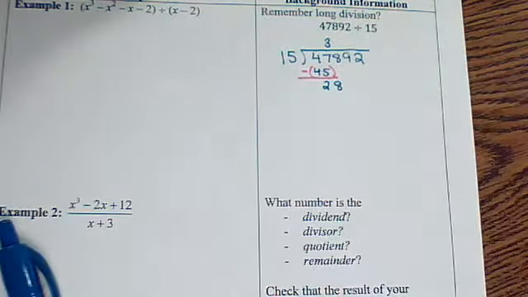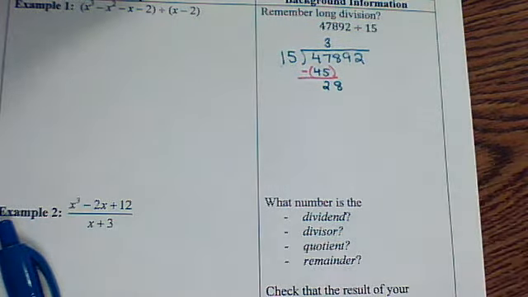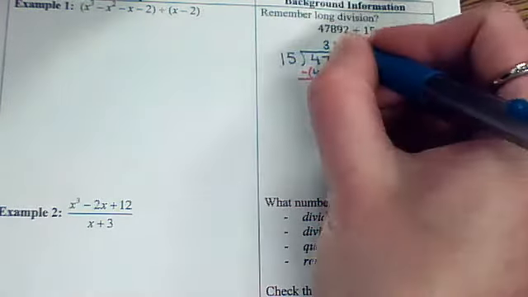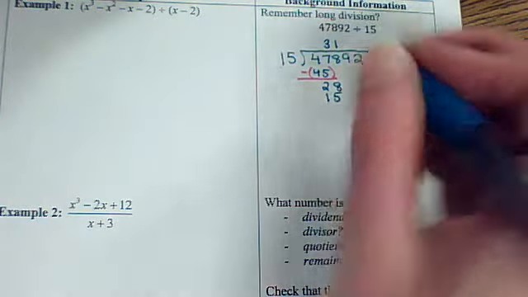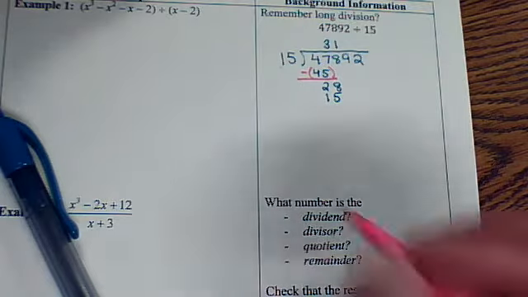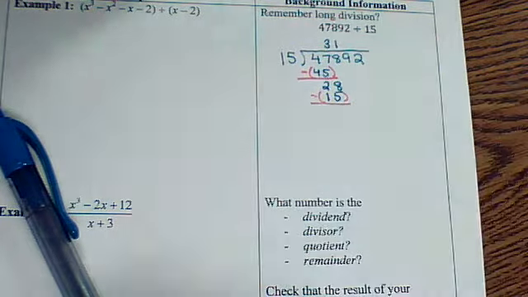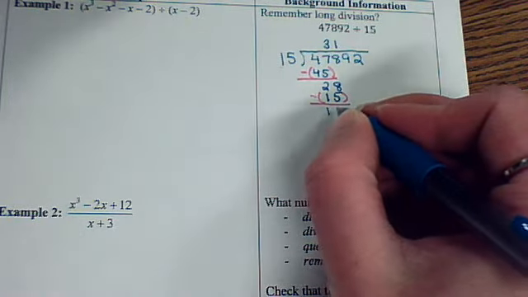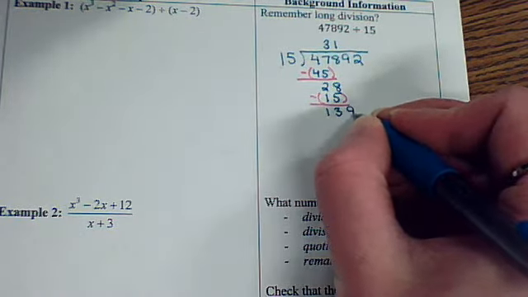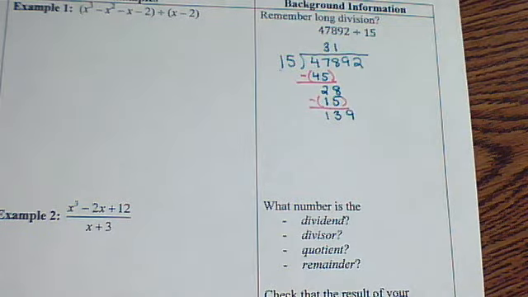15 into 28. Well, that only goes one time. We multiply 15 times 1. We're going to subtract. That's going to give me, what's that, 13? Then bring down the next term. 15 into 139.